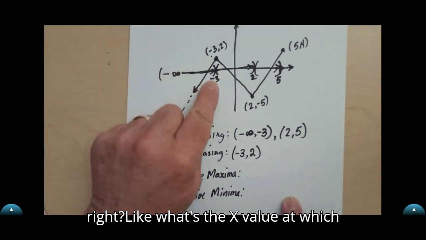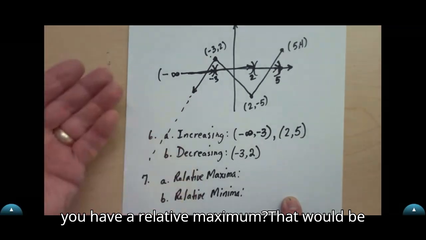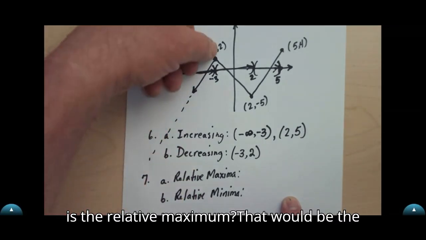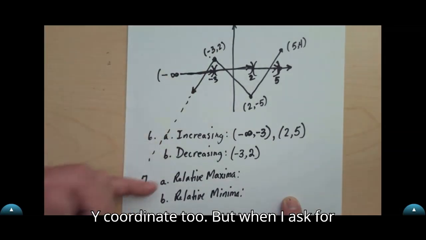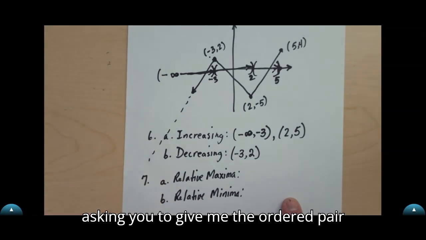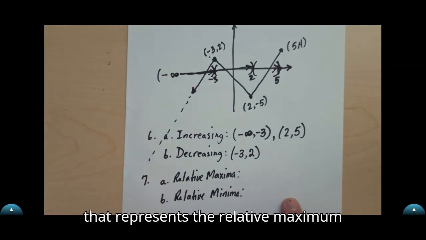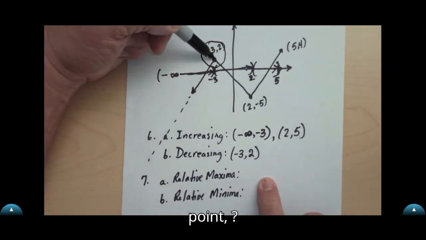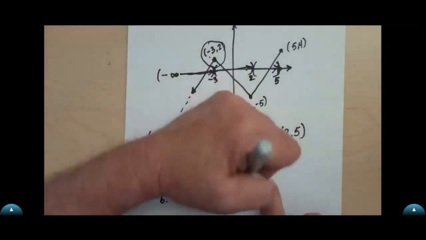Like what's the x value at which you have a relative maximum? That would be -3. Then they would say, what is the relative maximum? That would be the y coordinate too. But when I ask for relative maxima and minima, I'm just asking you to give me the ordered pair that represents the relative maximum point. Does everybody agree that would be here, that point, (-3, 2)?